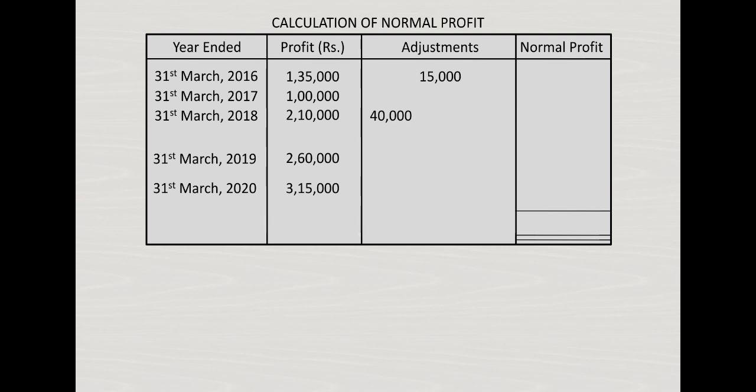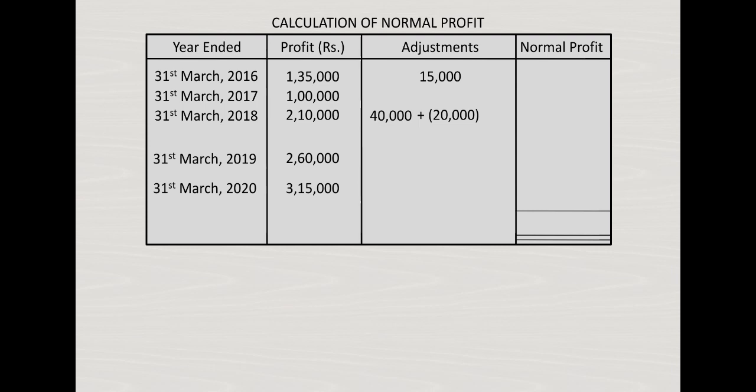Then abnormal gain was incurred in the year ended 31st March 2018. As it is abnormal gain, it must have increased our profit. So now we will deduct this amount to decrease that profit, to normalize it. Then in the third adjustment, depreciation is charged at the rate of 20% on diminishing balance method. This rupees 40,000, when we did not debit it to machinery account, we did not increase the value of machinery.